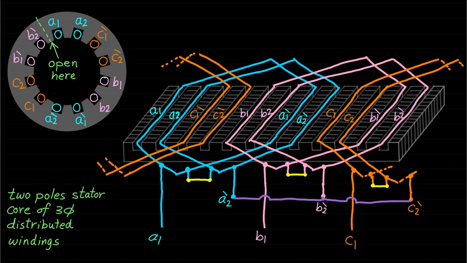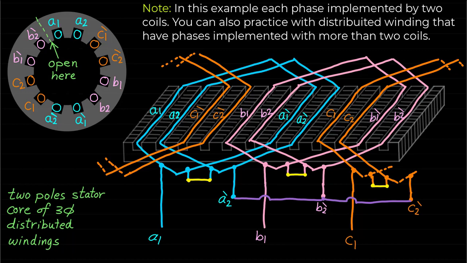As we can see in this example, each phase is implemented by using two distributed coils. Each phase coil has n turns. Basically, phase A, phase B, and phase C windings are called distributed windings because each phase is implemented by two coils of n turns. Each side of the coils is installed in two slots.